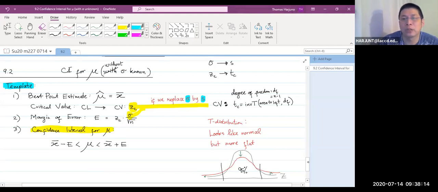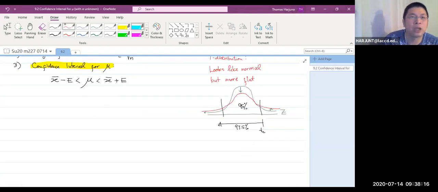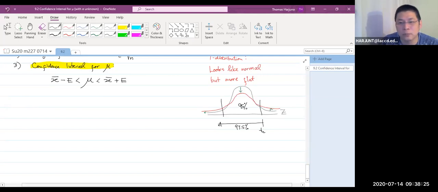Okay, let's do one example. I think I would just do a problem from the book. Let me quote number 18 from our textbook.